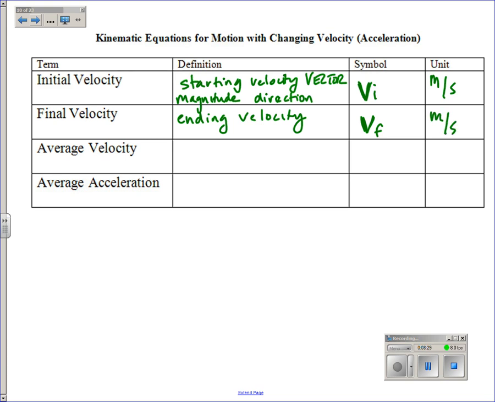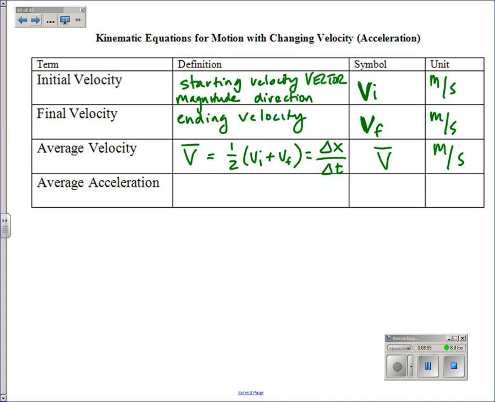Average velocity we looked at previously. That's v bar. You can define it as literally the average of the initial and final velocities, or you can define it as delta x over delta t. Both of those work. And again, our symbol for average velocity was v bar. Our unit is meters per second.